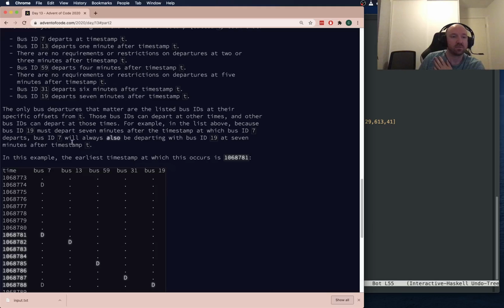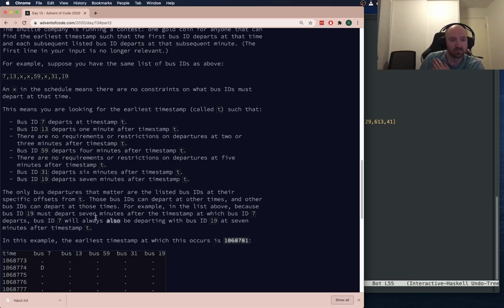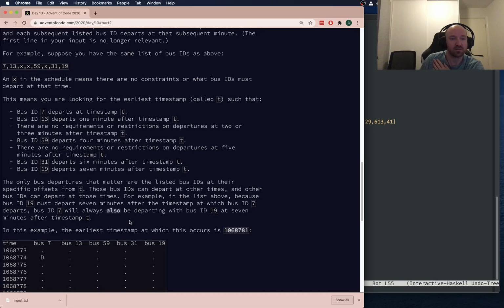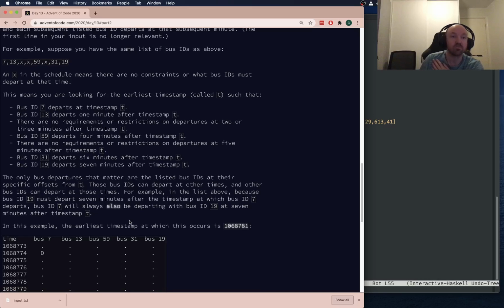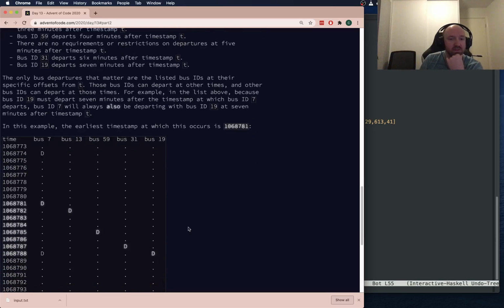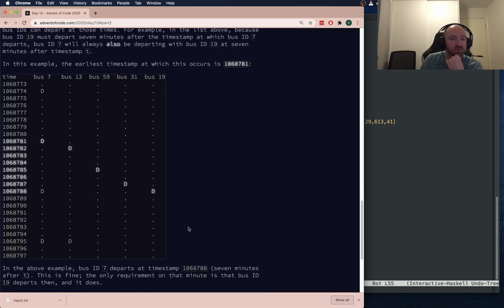For example, bus ID 19 must depart 7 minutes after the timestamp, because it's that one. 1, 2, 3, 4, 5, 6, 7. Bus ID 7 will also always be departing with bus ID 19 at 7 minutes after T. Right, yep. Okay, and in our example, given that the example is already at 1 million, just enumerating, walking through the times is probably not going to work.